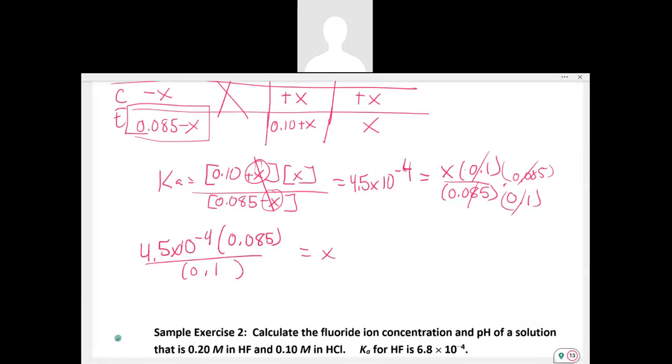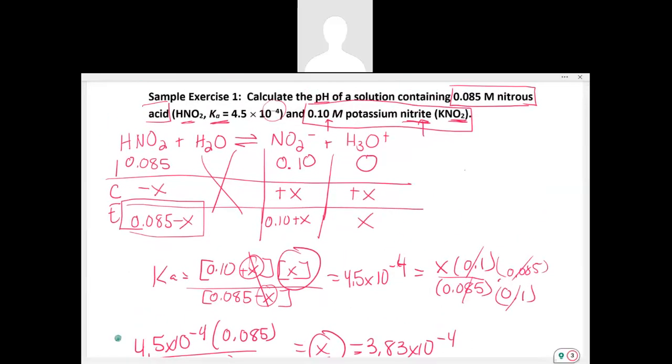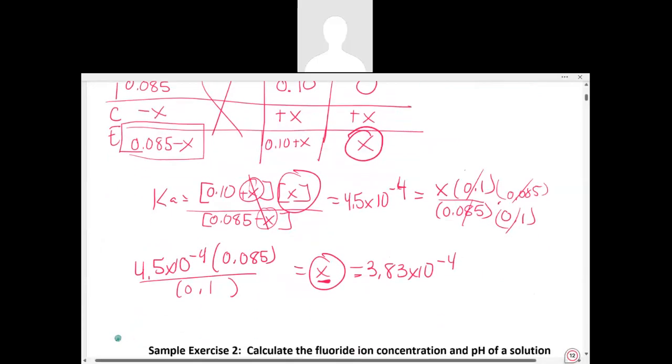So if you plug this into your calculator, remember you can ignore that small x. You should get that this x value that we are solving for, the only x that we keep, is going to be equal to 3.83 times 10 to the negative 4. And just to remind you, that's this x here, the hydronium ion concentration.